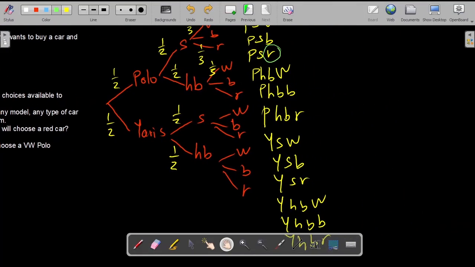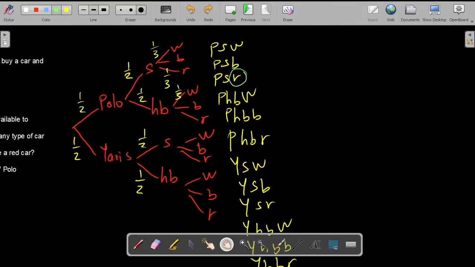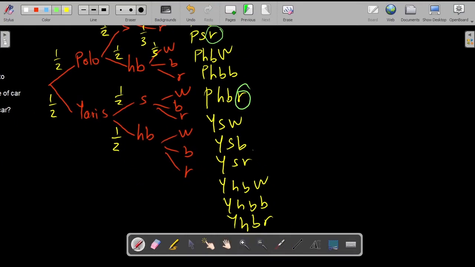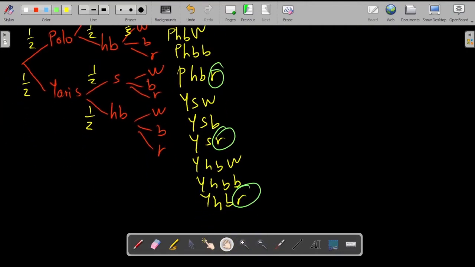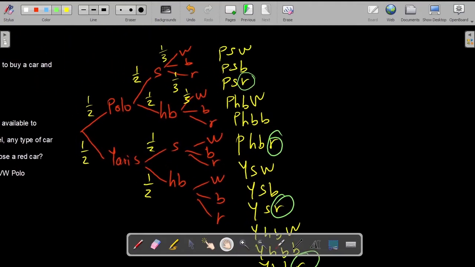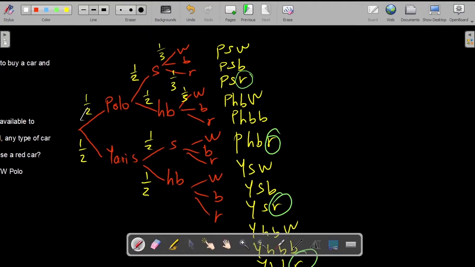So what is the probability of having a red car? So we have to add the probabilities of everything that has R in it. And if you check, we have 1, 2, 3, 4 options for that. And those 4 options, you can see that all the branches basically have the same values for probabilities.